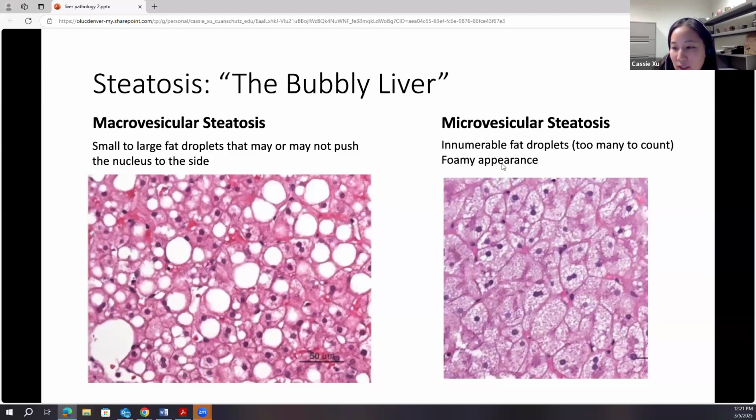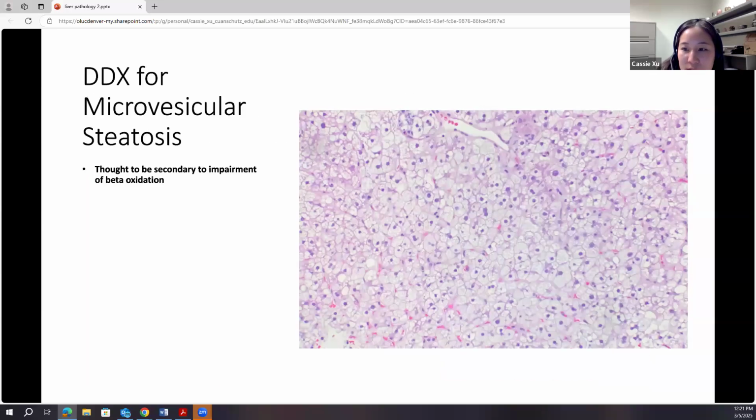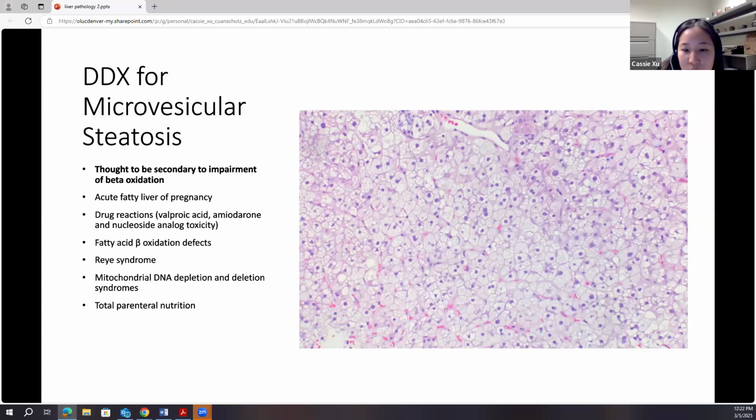Conversely, microvesicular steatosis is where you have innumerable fat droplets. These droplets are very, very tiny, but you really can't count them. They give a foamy appearance to the liver parenchyma instead. And it's important to make the distinction, because if you only have microvesicular steatosis, the differential is different. This finding is thought to be secondary to impairment of beta oxidation.